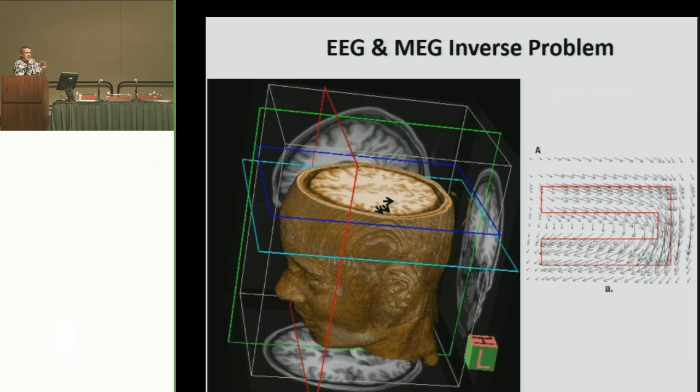So the most general approach is to say, okay, you have a completely continuous field of current sources, and I'm trying to reconstruct this continuous field. A particular case is when you have a dipole, but a general case is when you have a continuous field. So we call these distributed sources versus dipolar sources. Dipolar is when you have one or two or three, but they are localized, and distributed is when you have this continuous field.